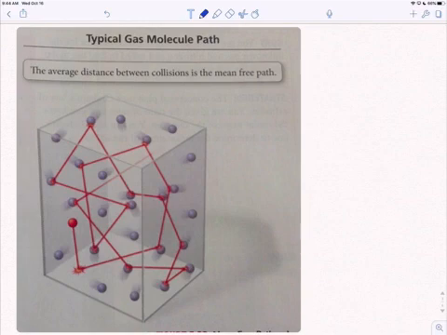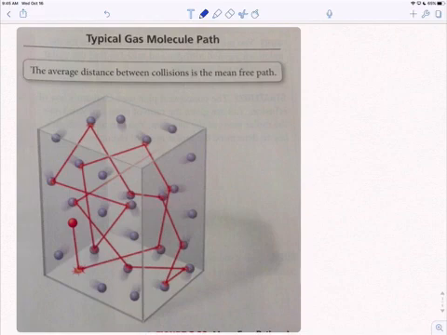So it bounces around, and as it's bouncing around, where does this thing end? Oh, it goes out. I see. But the idea, though, a gas particle, it's flying around, bouncing into things.